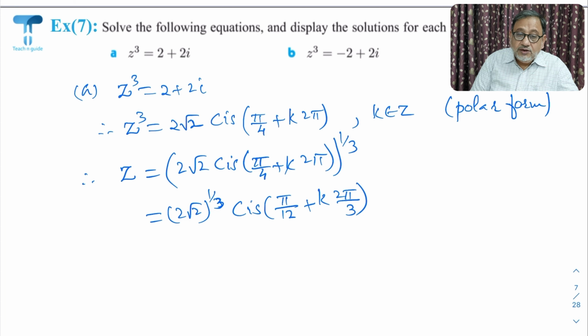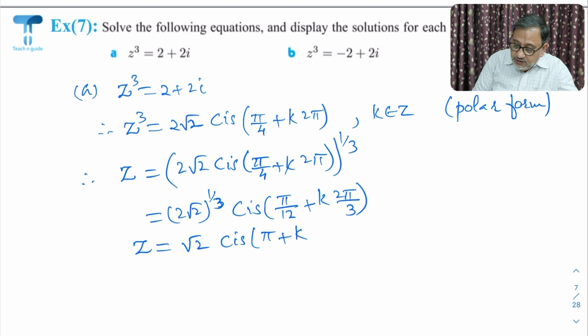Now for convenience we will make both denominators 12. And the cube root of 2 root 2 is root 2. So cis, I will write pi plus k, I'll multiply numerator and denominator by 4 here, so 4 to the 8, 3 for the 12, so that both will have the same denominator. So it will be easy for us to calculate. So I will give it number 1.